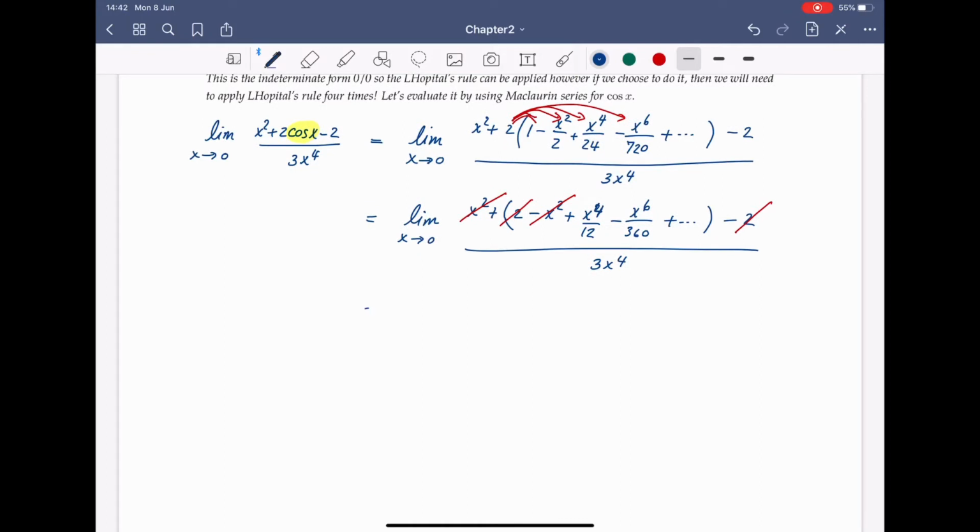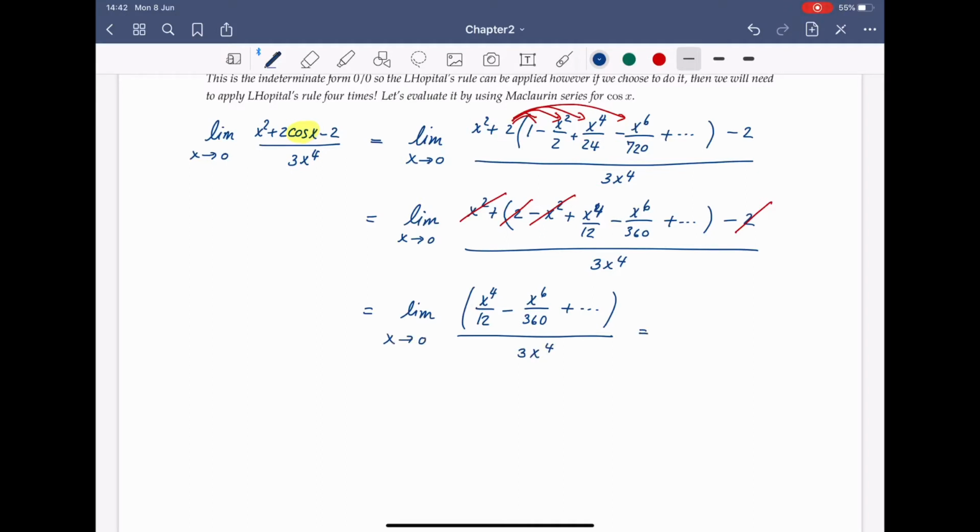So now at the end you have the limit of x to the 4th power over 12 minus x to the 6th power over 360, plus dot dot dot, and this thing over 3 times x to the 4th power when x goes to 0.